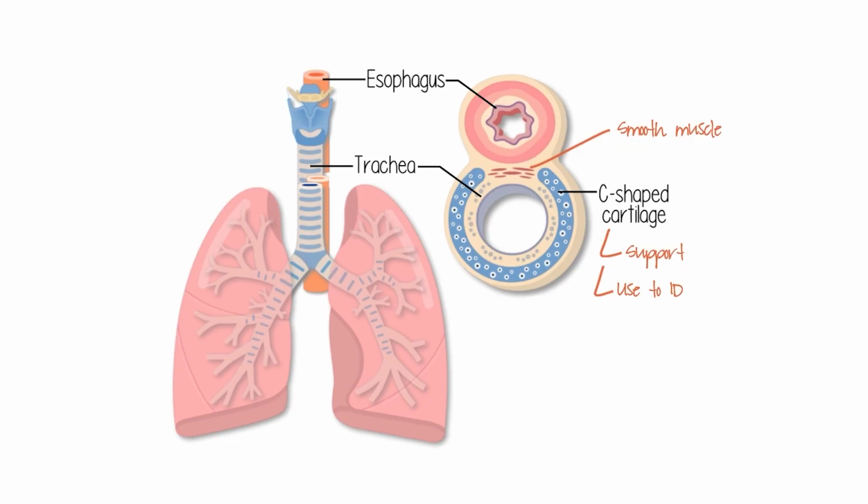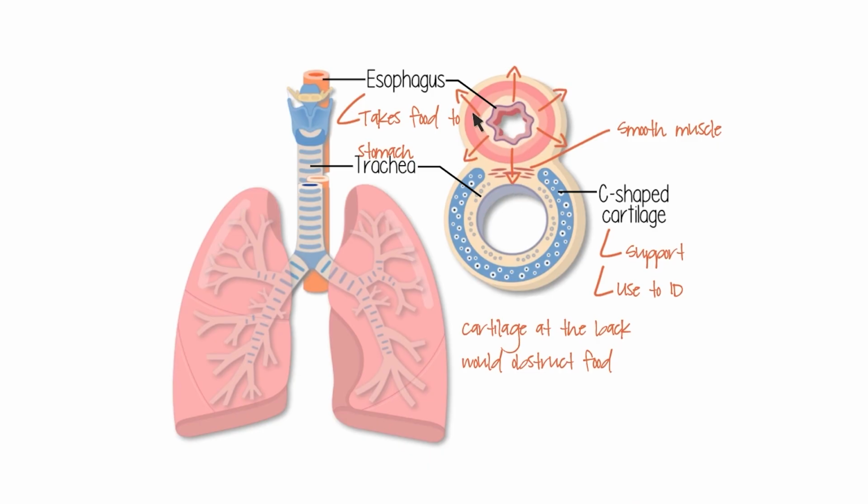The placement of the cartilage rings at the front of the trachea is important. Remember, the esophagus passes right behind the trachea. And what did we already say about the esophagus? That's the tube through which food passes to get to the stomach. Now, if the cartilage was also at the back of the trachea, it could potentially obstruct the passage of food through the esophagus. When you swallow a morsel of food, the esophagus distends to accommodate that.